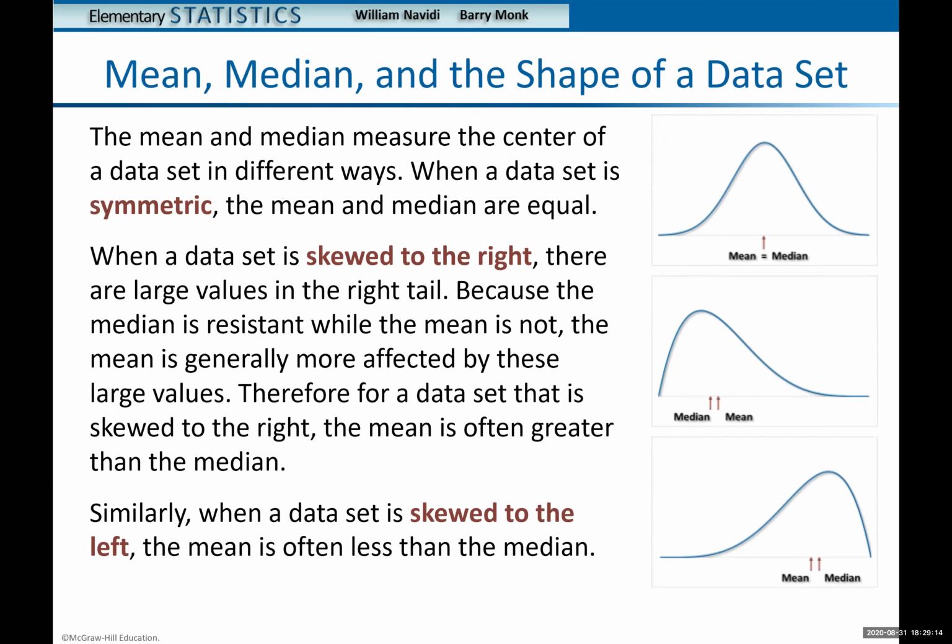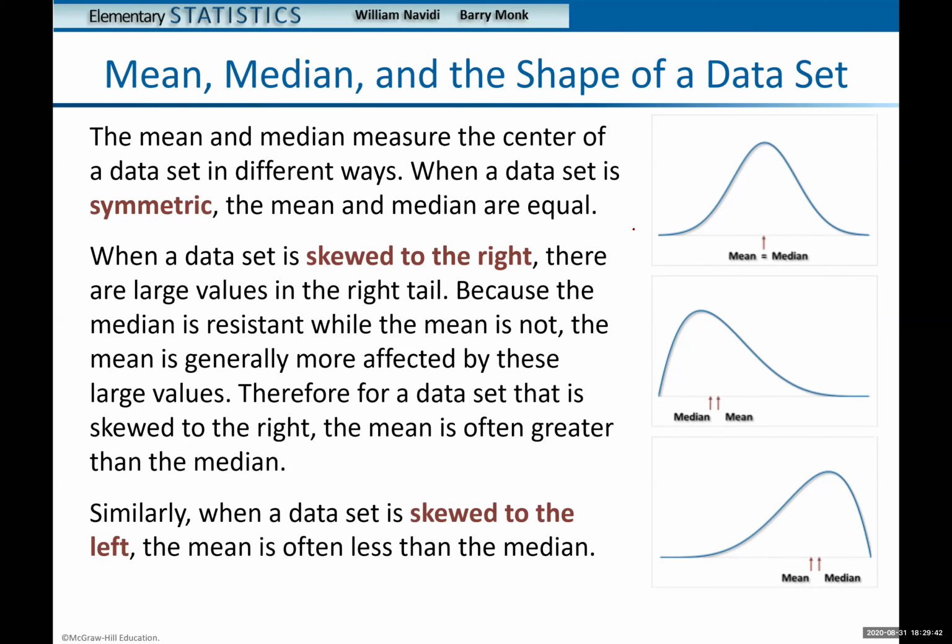All right, so the mean, median, and the shape of the data set. The mean and the median measure the center of a data set in different ways. So look at these 3 different curves here. It is symmetric if the mean and the median are equal. So you see here a bell-shaped curve. If the mean and median are equal, then it's going to look like this.